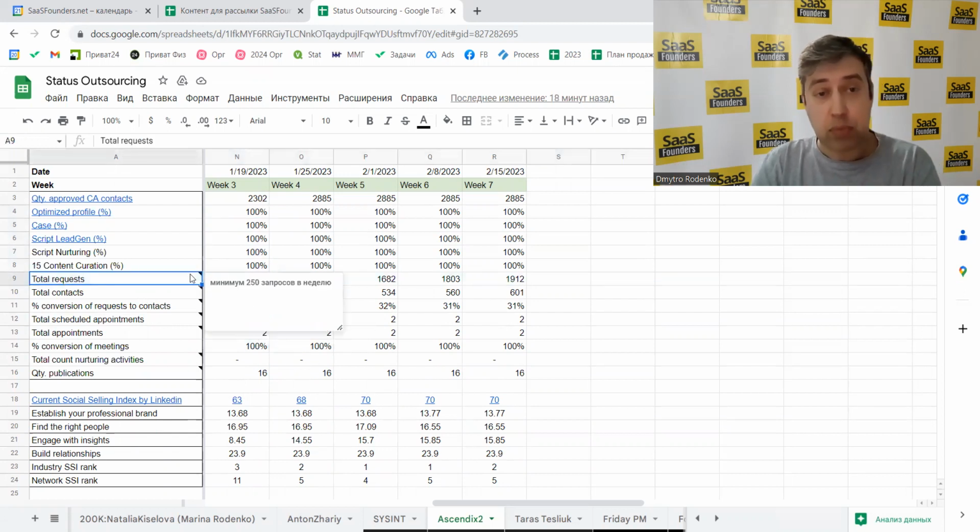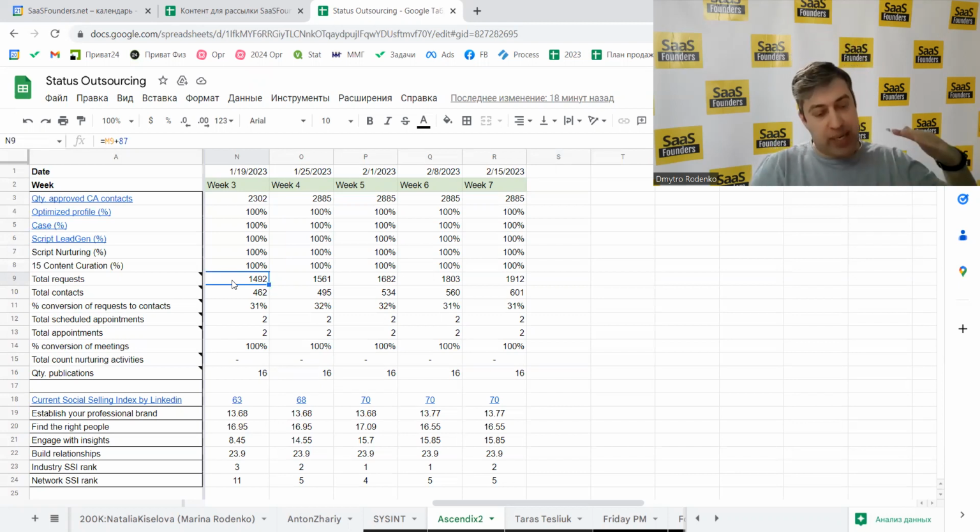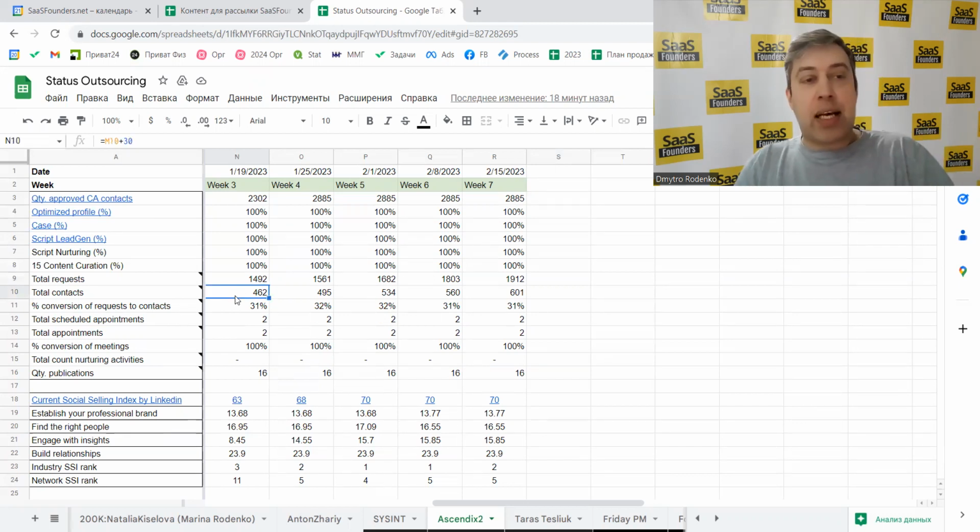First, we track the number of requests that we send from the profile on a daily basis, but here it's shown on a weekly basis. We can understand how many requests we send week to week, and whether this process goes smoothly and stably, or there were some breakups. Next, we track the number of contacts that approved our invitation.